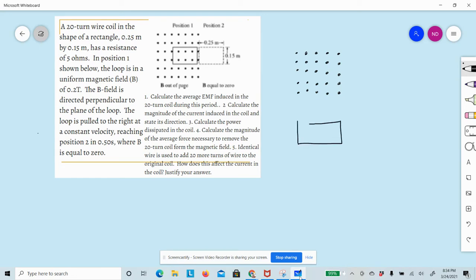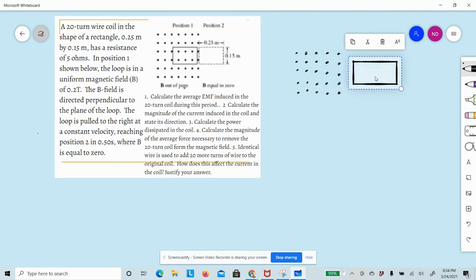How about like this? There we go. There's a nice rectangle. Okay, now, this rectangle is going to start off entirely inside here. And we're going to be able to pull it to the right, to here.